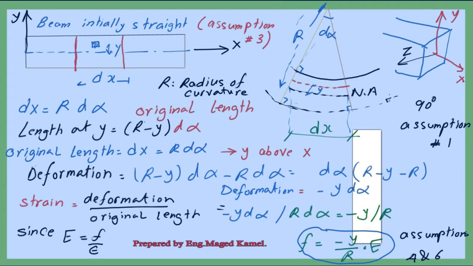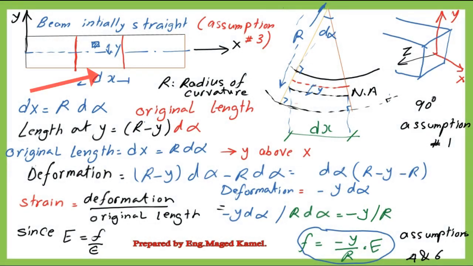pure bending moment. The assumption number 3: the beam is initially straight. If we can see, there is a rectangular section, and this is the x-x and y axes. Before deformation, if we take a section apart by distance dx, and there is a small element at distance y, and let us have a look after deformation, we'll find that the beam will bend in this form, and the neutral axis, which was horizontal, becomes curved like that.